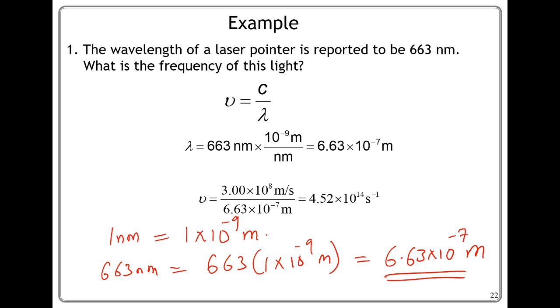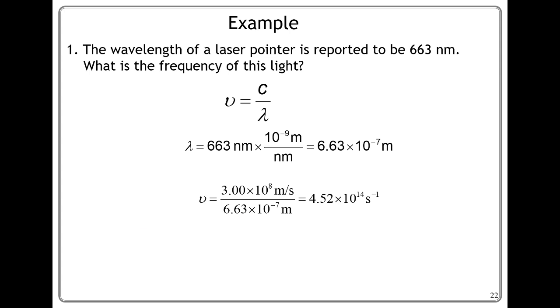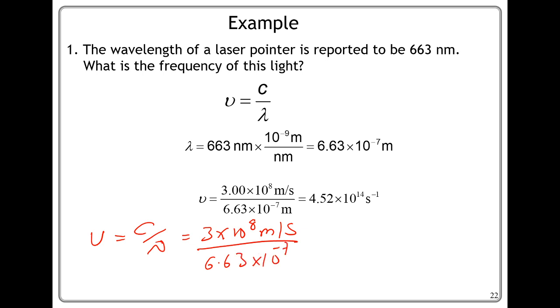So frequency equals c divided by lambda. Then you have 3 times 10 to the power 8 meters per second divided by 6.63 times 10 to the power minus 7 meters.